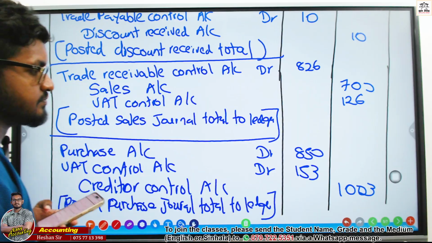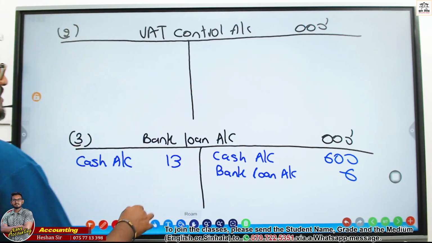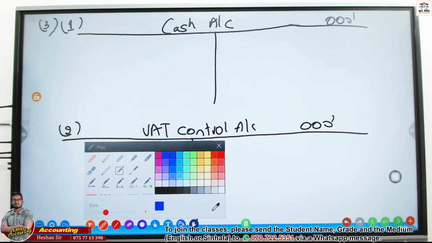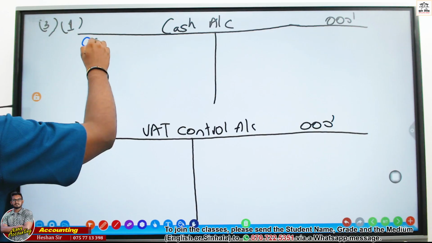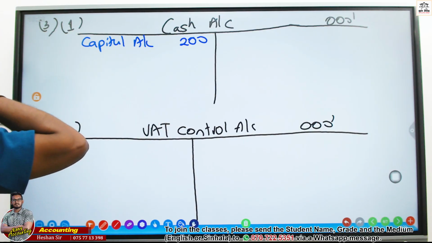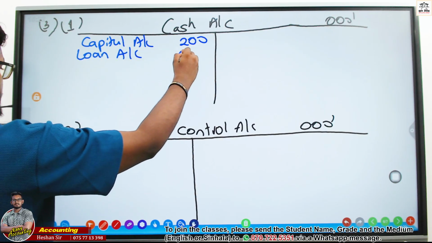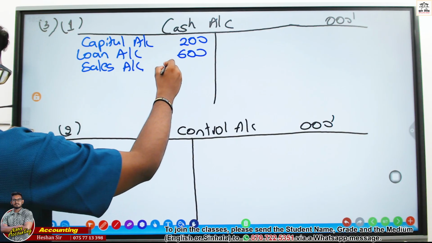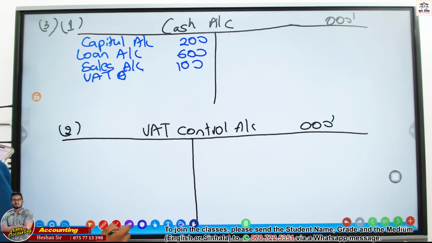That's it. Then next they're asking these accounts, right? Next, they're asking cash account. So you can see, you can take the debit things. Capital account 200. Loan account 600. Sales account 100.